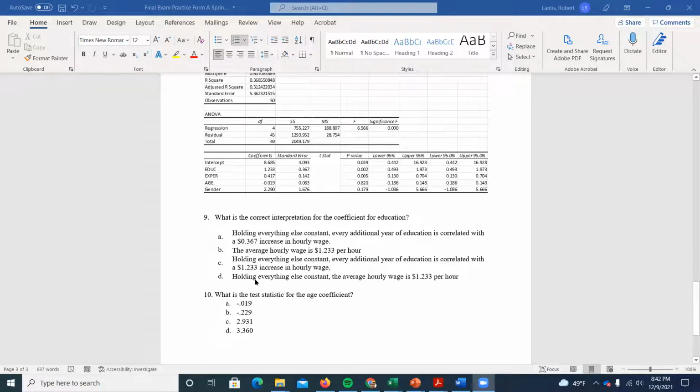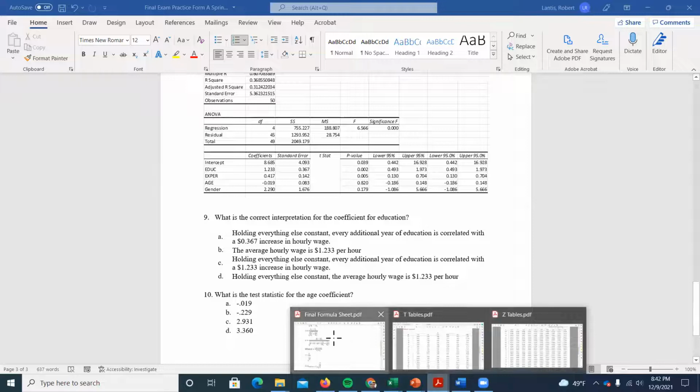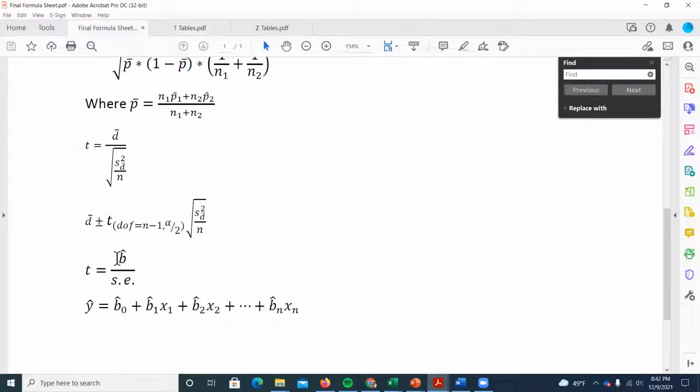I then have another question, which is, what's the test statistic for this age coefficient? So I might do something like this on the exam where I leave off the test statistics and say, okay, calculate that test statistic for me, which, if we go to our formula sheet, is simply take the coefficient and divide it by the standard error associated with that coefficient.